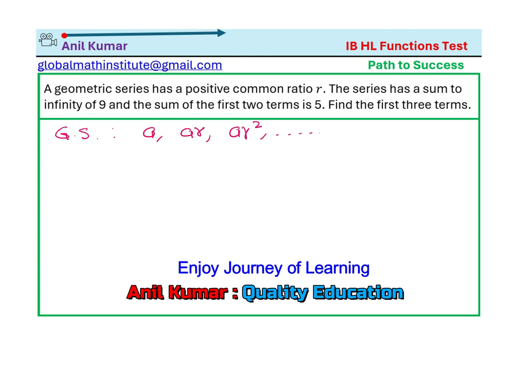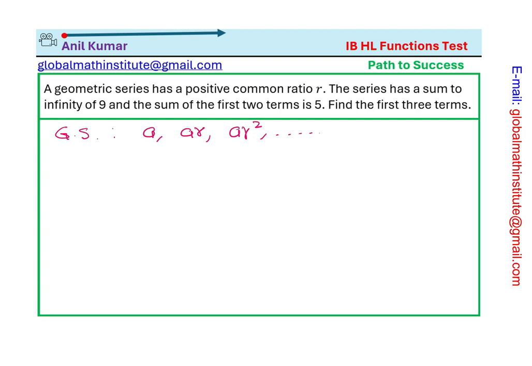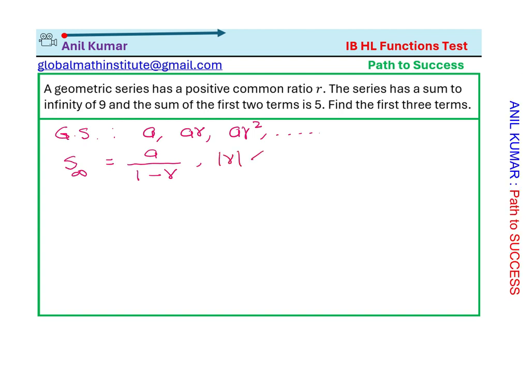So the series has a sum to infinity of 9. Now, the formula for sum to infinity is first term divided by 1 minus r. And of course, this series should be a converging series. That means that the absolute value of r has to be less than 1.